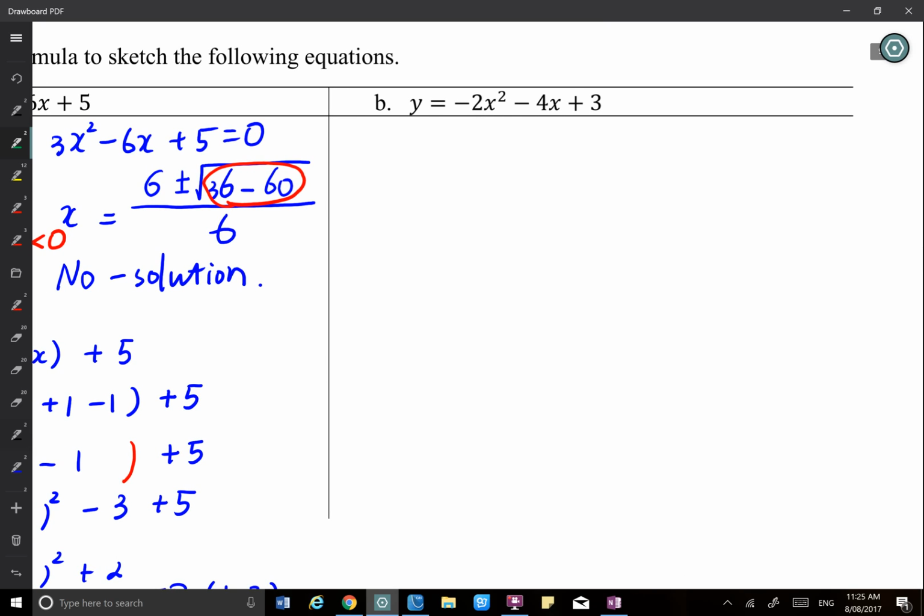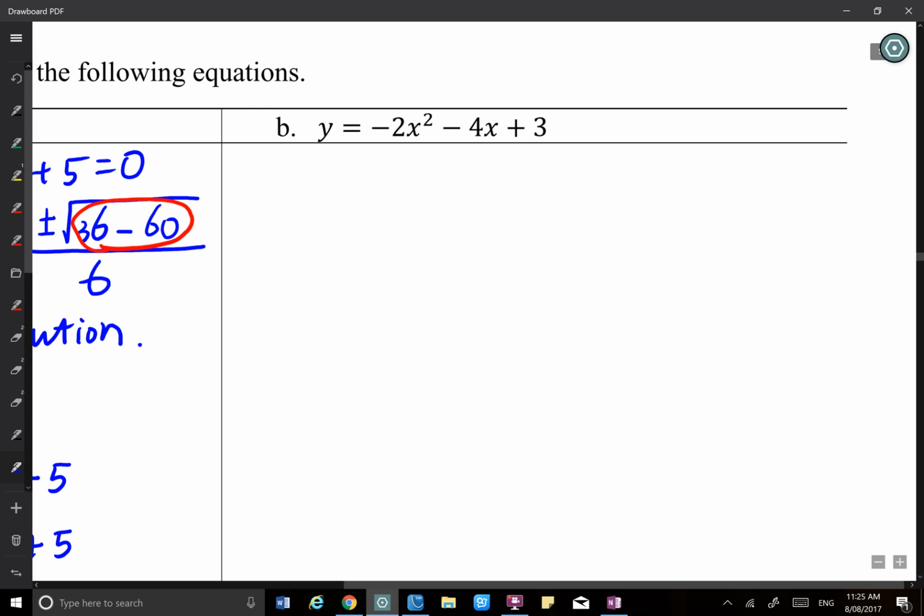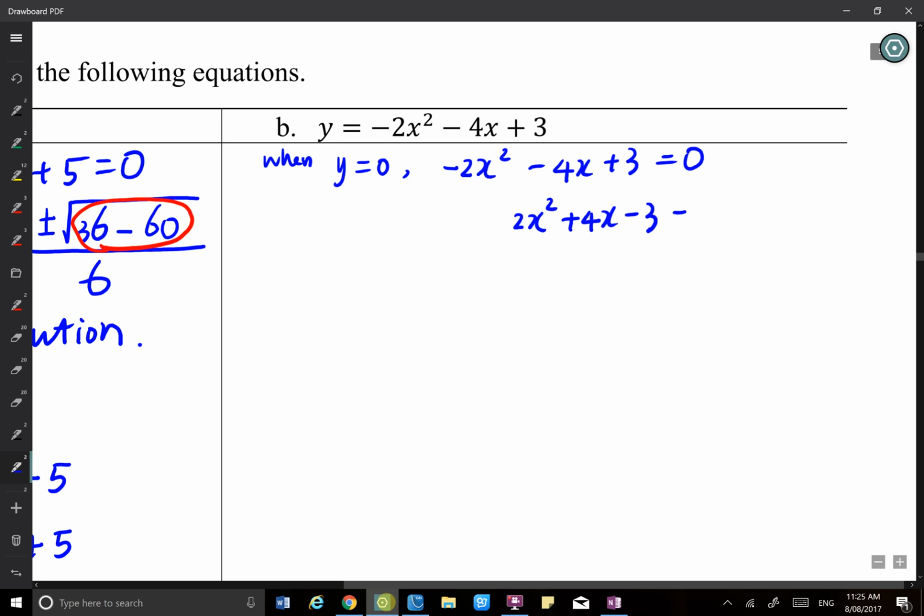Okay, next one. So we have this question here. Let's try the quadratic formula. When y equals 0, minus 2x squared minus 4x plus 3 equals 0. Well, too many negatives. I will go 2x squared plus 4x minus 3 equals 0.